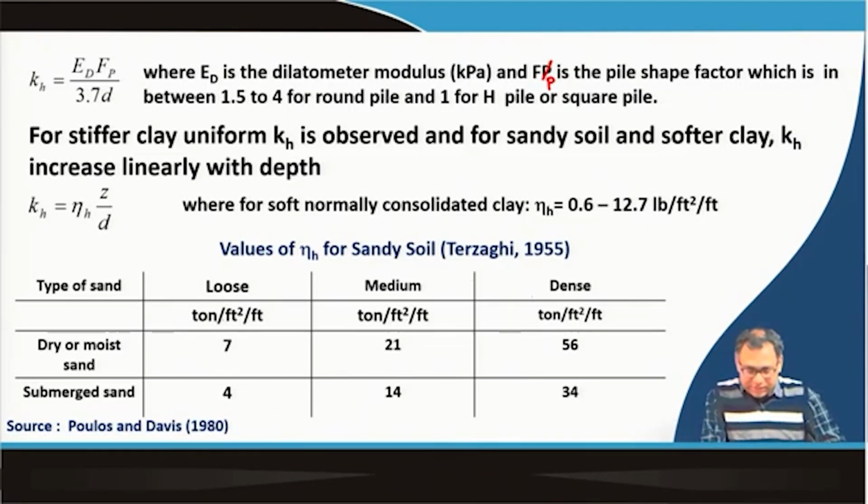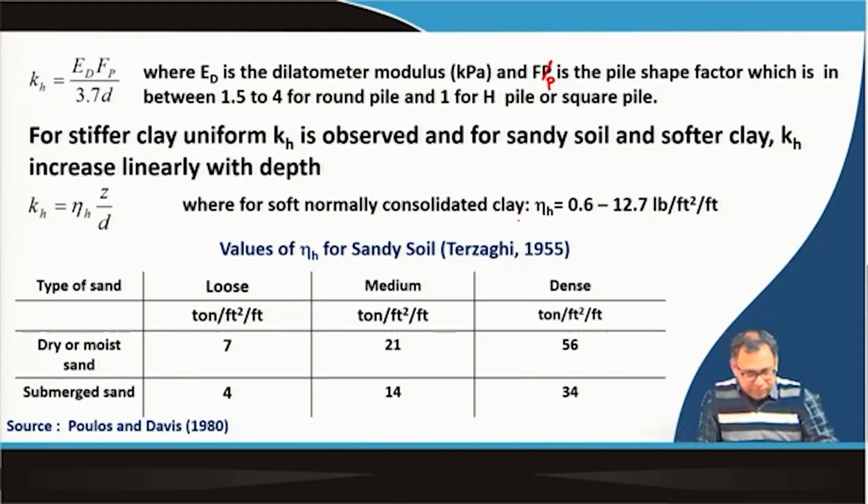Clay here means very soft clay, because only for soft clay will this variation be noticed. Otherwise, for cohesive soil the kh is more or less uniform along the depth of the soil.